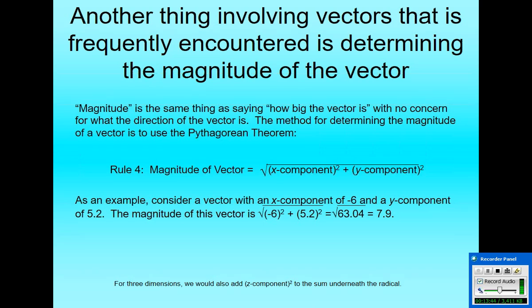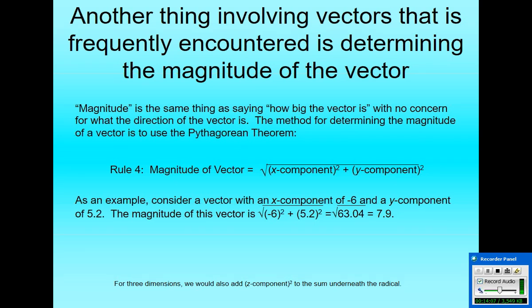In the bottom part, just beneath rule 4, we imagine a vector with an x component of -6 and a y component of 5.2. So we take -6 and we square it, we get 36. We take 5.2 squared, and we get 27.04.